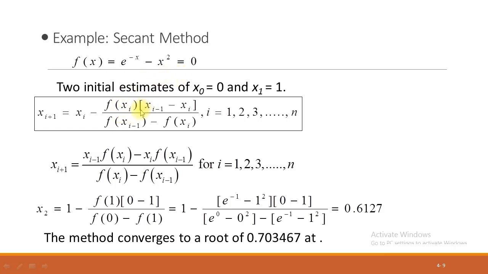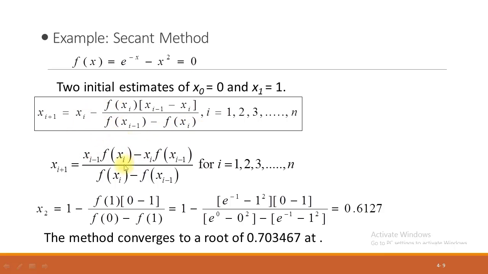So using the secant method formula, xi plus 1 is equal to xi minus f of xi into (xi minus 1 minus xi) divided by (f of xi minus 1 minus f of xi), for i is equal to 1, 2, 3 up to the nth iteration.